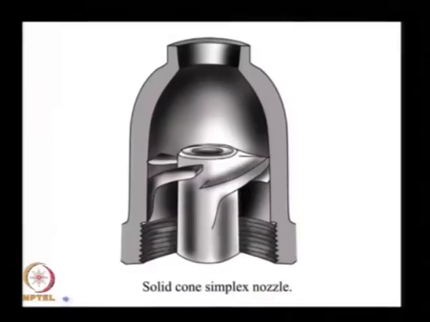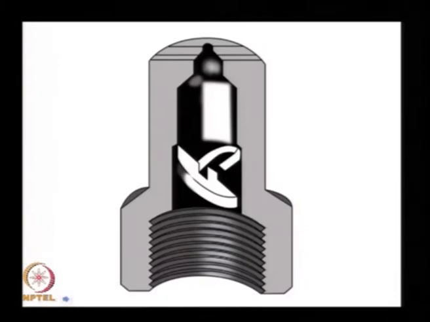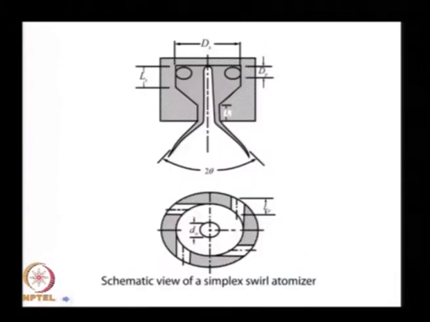That is how a diesel injector works, the simplest of the kind. As it turns out, it is very inefficient at creating interfacial area. So, we will go to the one that is actually most widely used, which is called a simplex swirl atomizer.